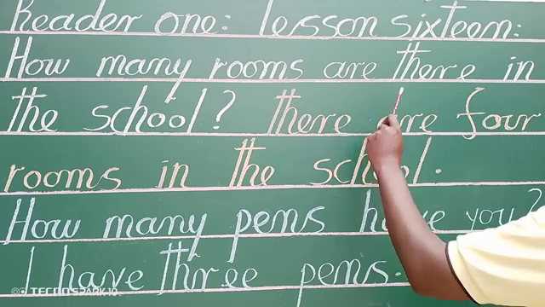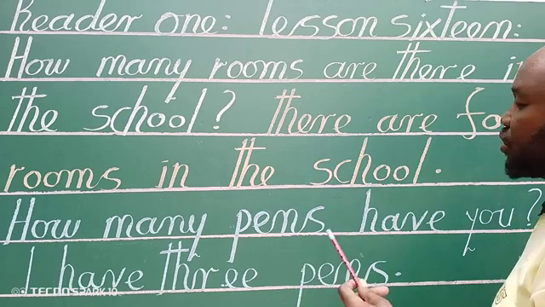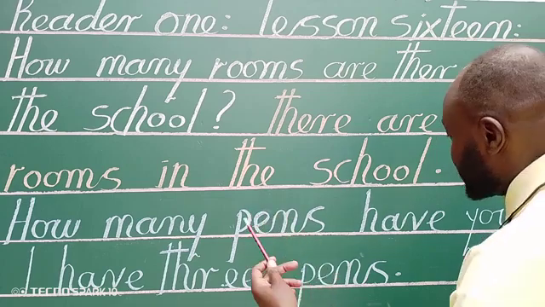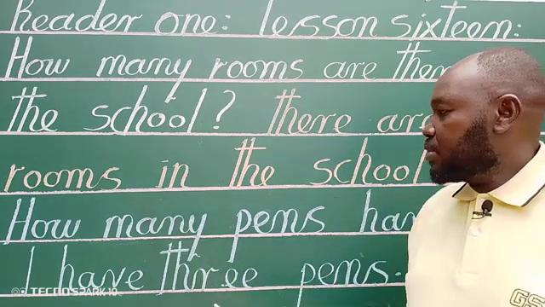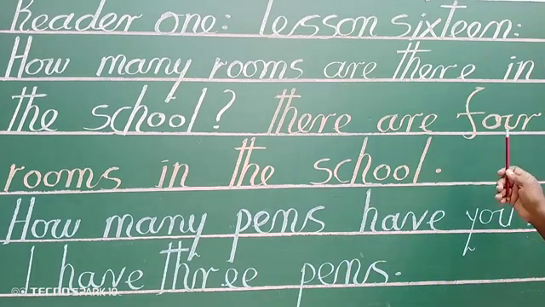This is the first and this is the second, and then you have to bring the number, and after the number you should bring the noun that we are answering about, and then we make it like this: there are 4 rooms in the school. This is the first question.